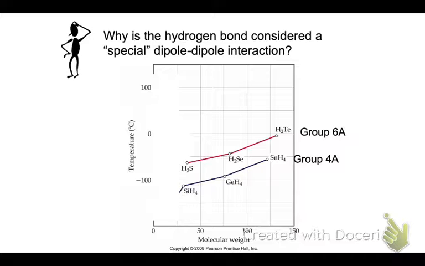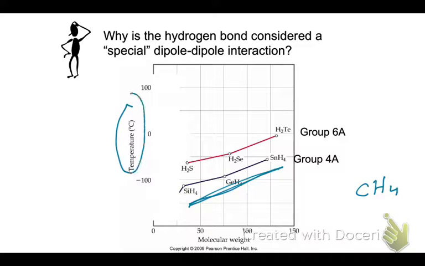So silicon hydride and germanium hydride and tin hydride, what do they all have in common? All these are nonpolar molecules. So before silicon, who's going to come here? It will be carbon, methane. And what am I measuring here? I am measuring the boiling point.